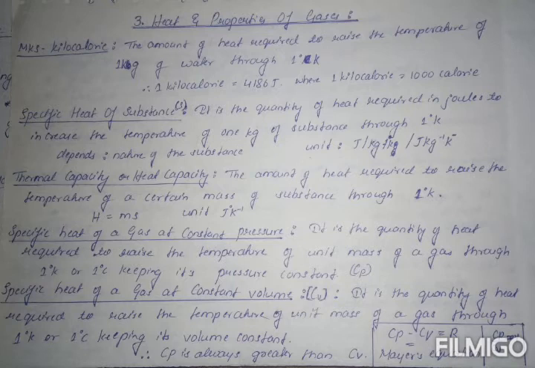It means taking unit mass of a gas and applying heat to it until the temperature rises by 1 degree Kelvin or 1 degree Celsius, where the volume is kept constant, and it is denoted by Cv. The Cp and Cv relationship is Cp minus Cv is equal to R, where R is the universal gas constant. It is also called Mayer's equation, where Cp is always greater than Cv.